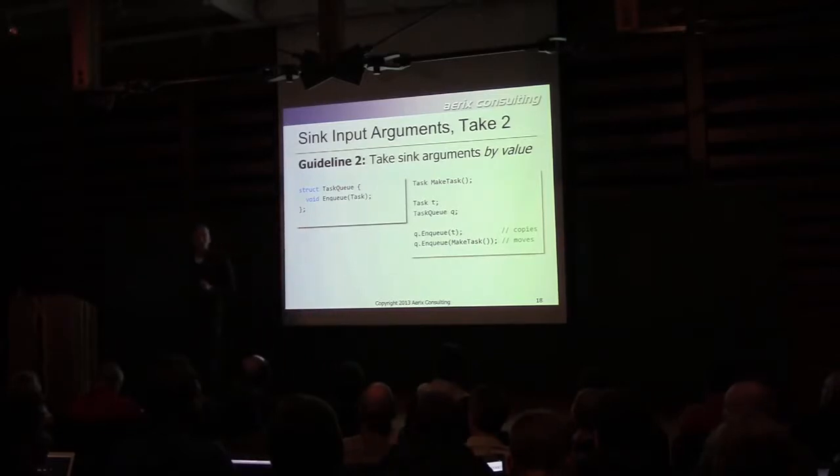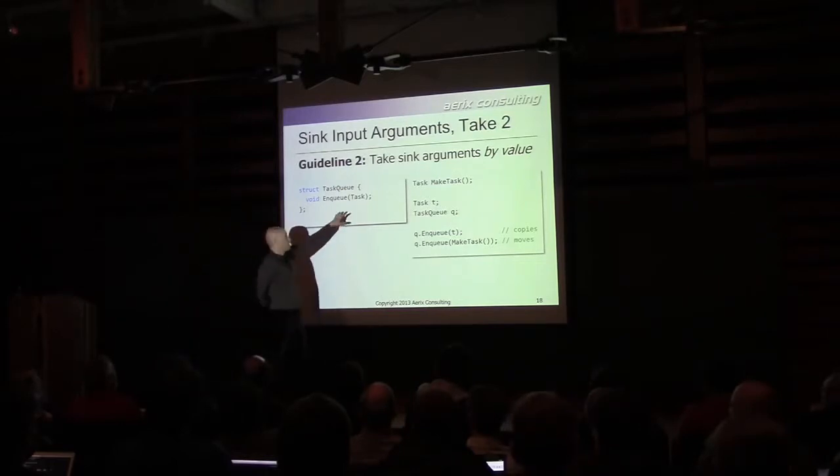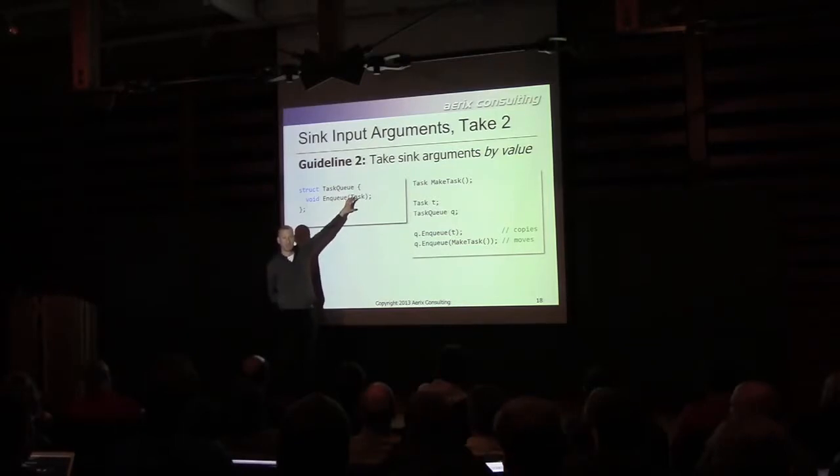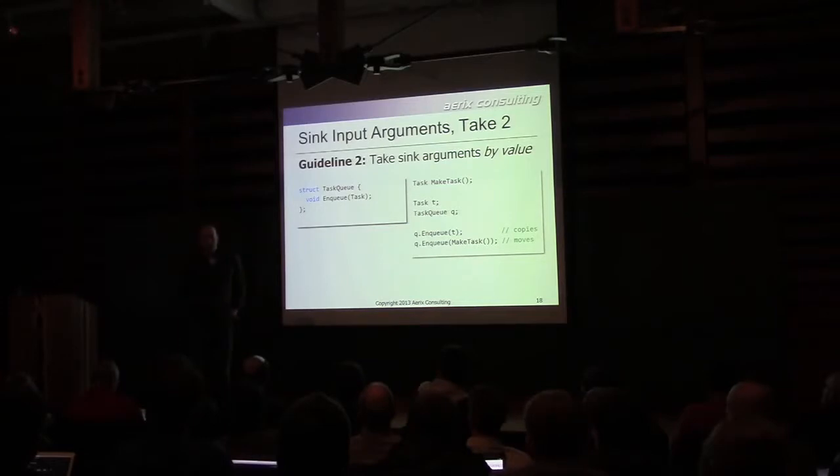Would this be the same advice if task were a template parameter? Would you still pass by value if it were intended to be a sink argument? Okay, so that's a good question. If you don't actually know that the object you're enqueuing is cheap to move, do you still pass by value? I say yes. I want everyone to write move constructors. I want objects that are cheap to move.